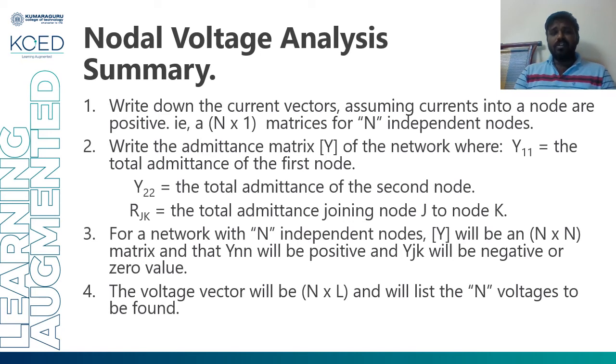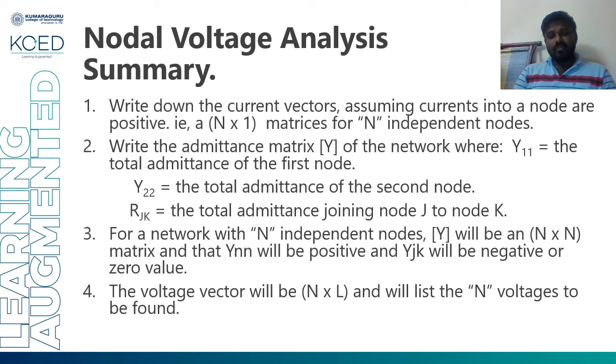The summary of nodal voltage analysis is: write down the current vectors, assuming the currents into a node are positive, that is an n into 1 matrix for n independent nodes. We need to write as many nodal equations as there are nodes. Then write down the admittance matrix of the network, where y11 is the total admittance of the first node, y22 is the total admittance of the second node, and yjk is the total admittance joining node j to node k.